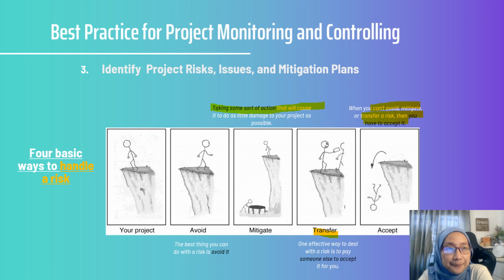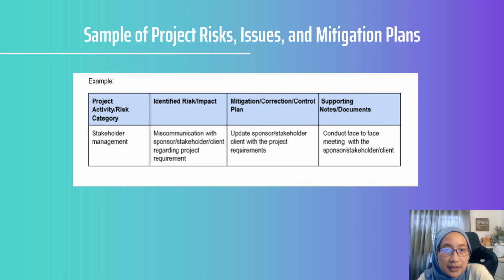Okay, so in this slide, I'm giving you a sample of project risk issues and mitigation plan. I also put this into your project report template. Let's say, for example, here you can report any risk. This one should be a real risk, because you are going to compile this in your final report.